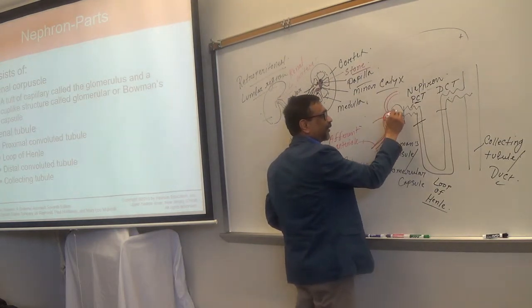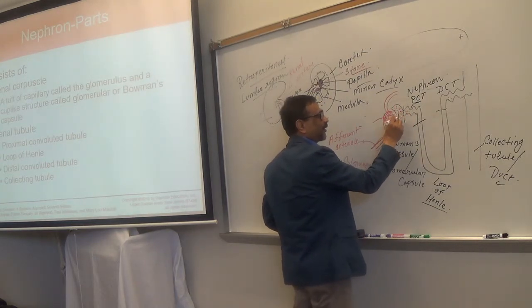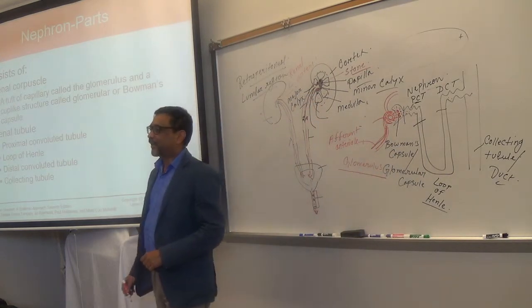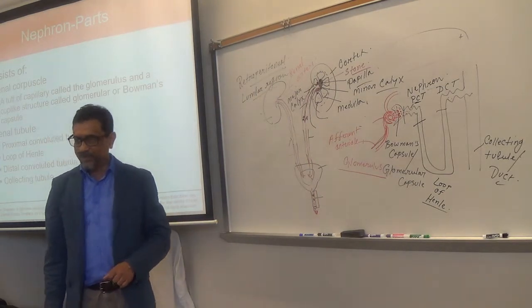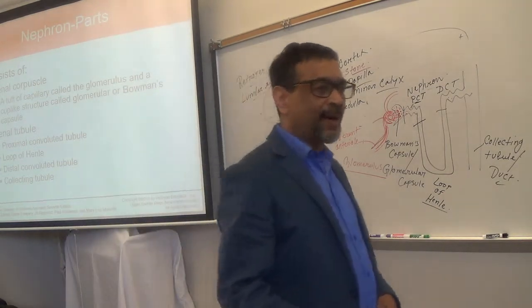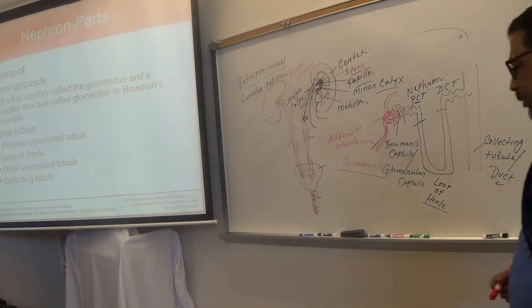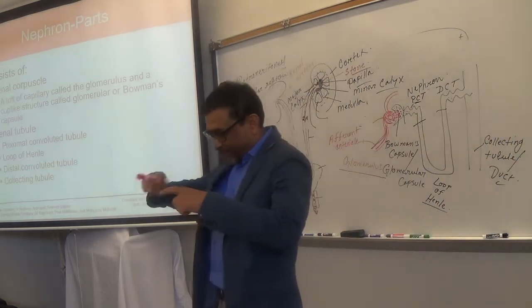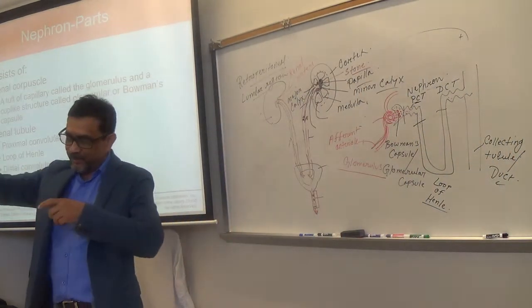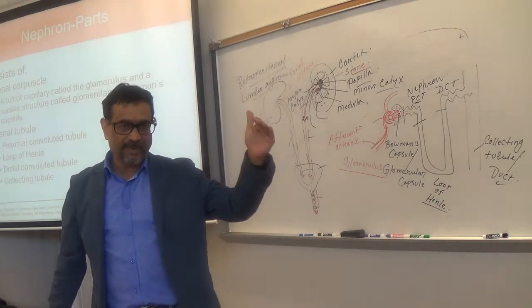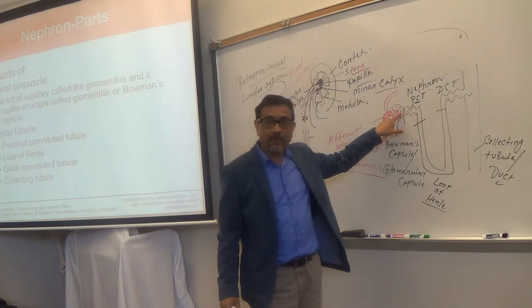Water and electrolytes, chemicals will enter into the nephron from the glomerulus, because the capillary wall is highly what? Porous. Highly porous. So when the blood circulates, water and chemicals will get out, right? And will enter into the first part of the nephron.